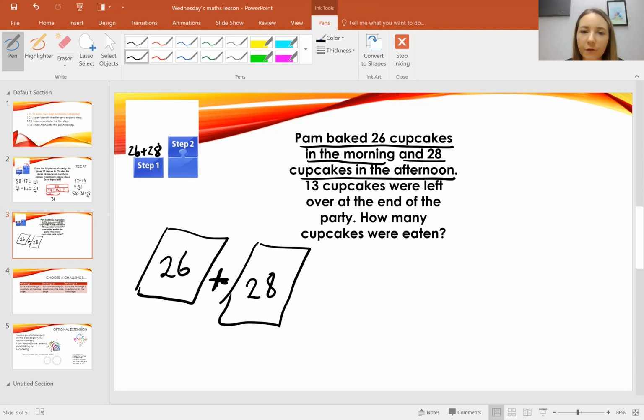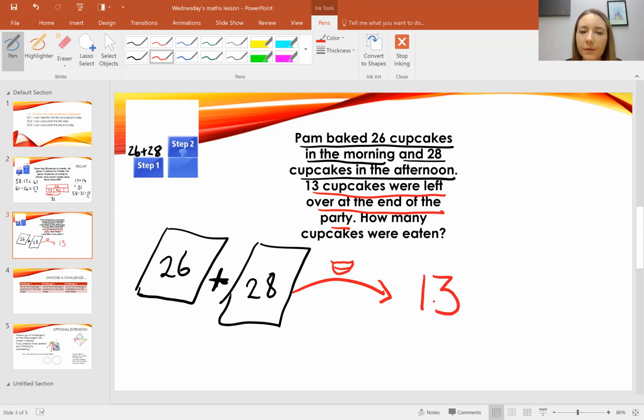The next part of the information says that 13 cupcakes were left over at the end of the party. So it was a party that happened, some of them were eaten. Maybe we could draw a mouth here. Some of them were eaten at the party and 13 were left over.